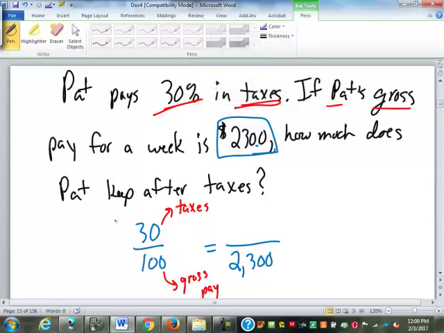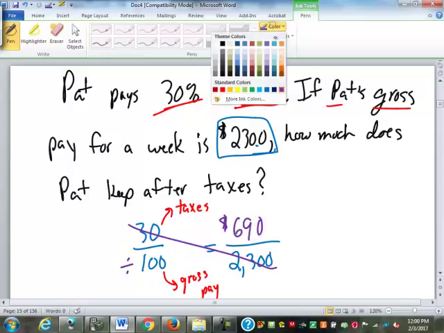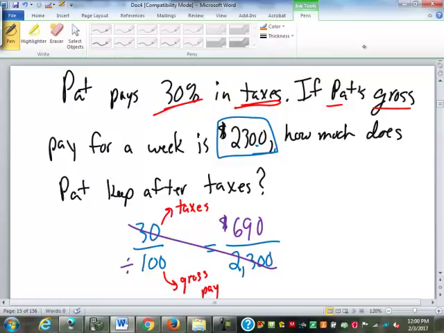We cross multiply and divide. 30 times 2,300 divided by 100 is going to give us $690. So now the question is, is that what we're looking for? Well, the $690 represents the taxes that Pat pays.